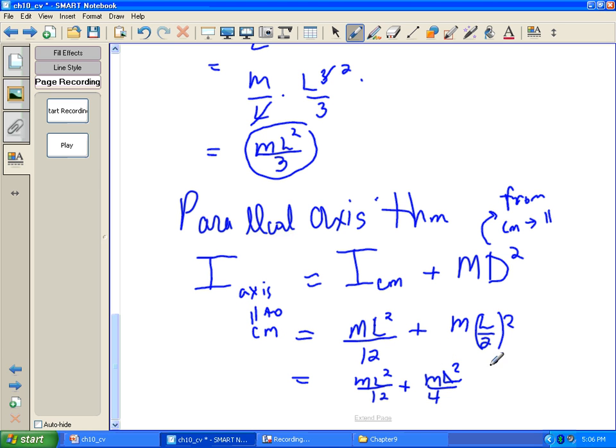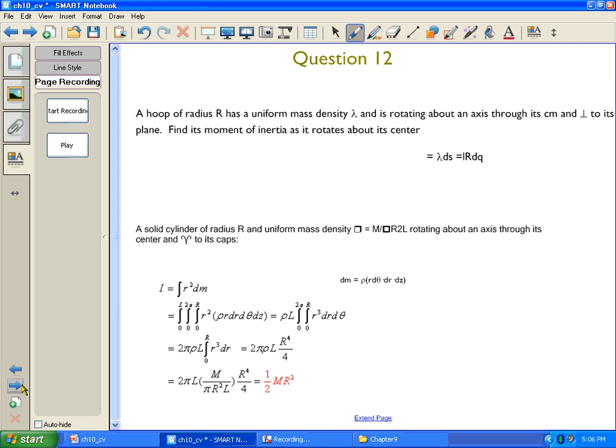When we add these up, we get none other than ml squared over 3. So in other words, we didn't have to do this integration here had we used the parallel axis theorem. Okay, next question.